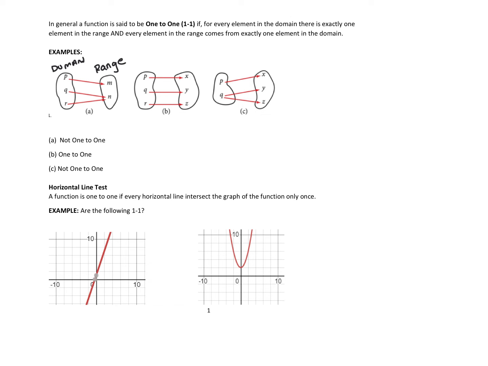So in this case, P is only associated with M, Q is only associated with N, and R is associated with N. This is not one-to-one because if I go the other way, M only corresponds to P, but N corresponds to two different values, Q and R.